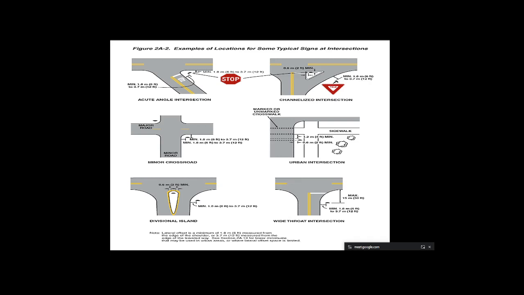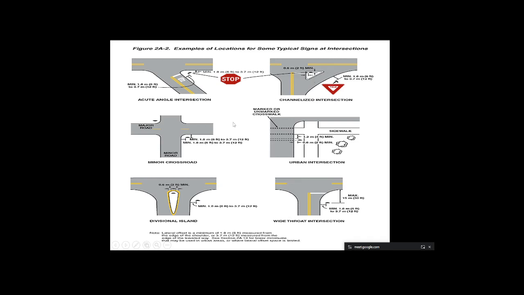Now you can see here, many people think that an intersection is just a road joining another road. But in reality, every intersection has its own geometry and safety requirements. As you can see here, we have different types of intersections. Acute angle intersection, where the road meets at an angle less than 90 degrees. Channelized intersection, where traffic islands are provided to guide vehicle movement.